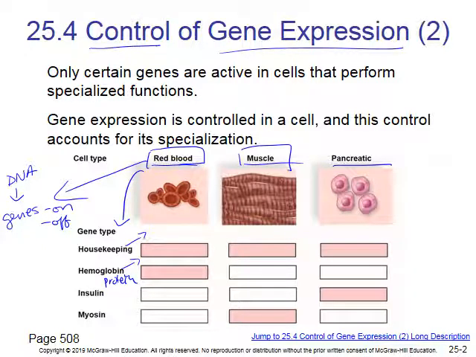In muscle, we're going to have the myosin protein turned on. Myosin is the protein that allows your muscles to contract. In pancreatic cells, we're going to have the insulin gene turned on so that we can make lots of insulin protein so that our cells can take sugar in and use it to produce ATP.